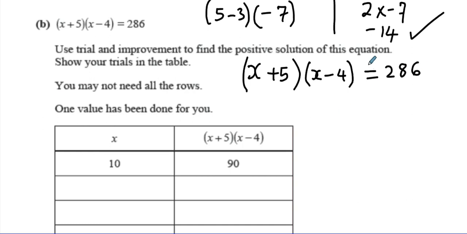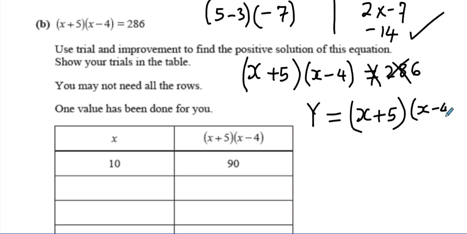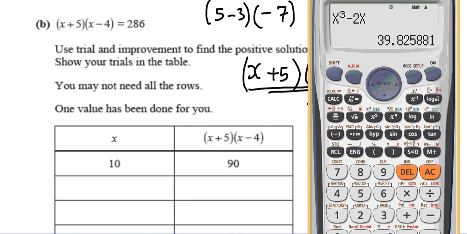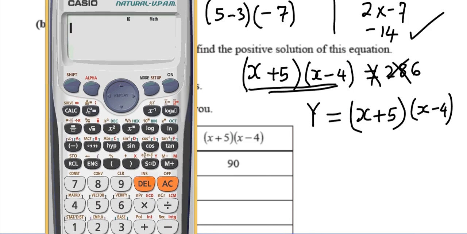So what we basically do, we ignore equals 286, and then we save our function in the calculator. (x + 5)(x - 4), this becomes our y. So you take your calculator and save that.